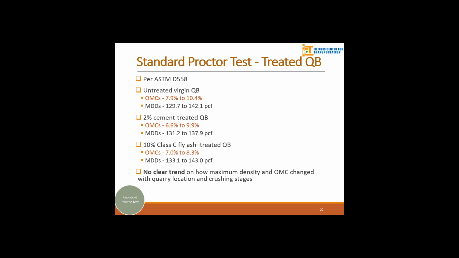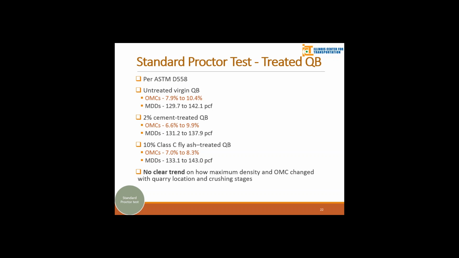With stabilization of 10% Class C fly ash, the optimal moisture content range is from 7% to 8.3%. That is also a decrease compared with the untreated virgin quarry byproducts. And the maximum dry density is also increased to 133 to 143 pounds per cubic foot.